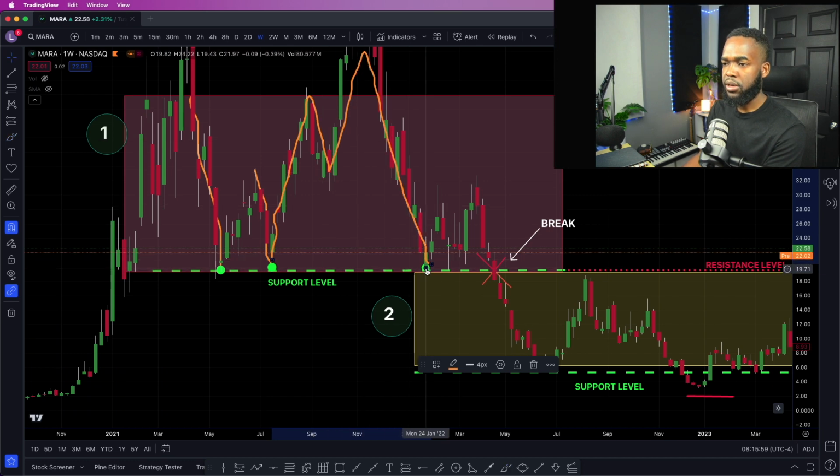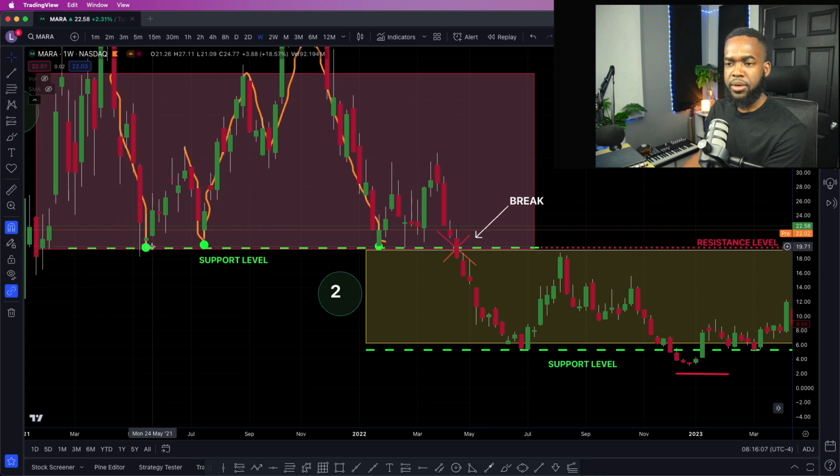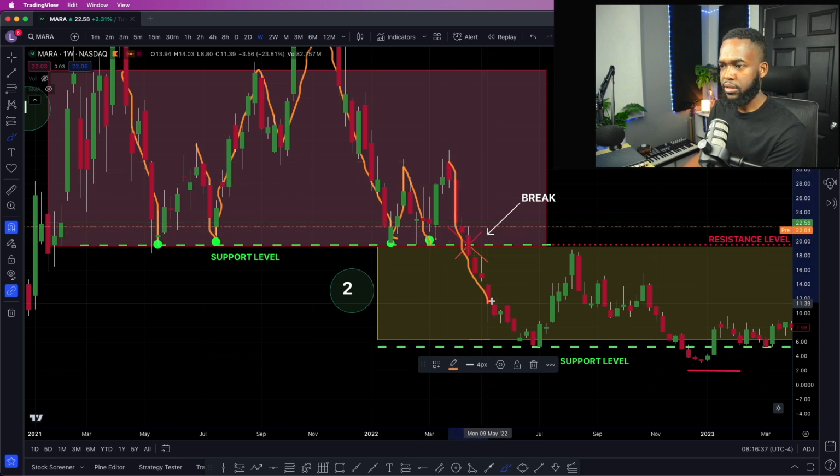We mark this level. Now price comes here once, 1, 2, 3, and 4. So price keeps rejecting this area. But finally, price breaks this area.